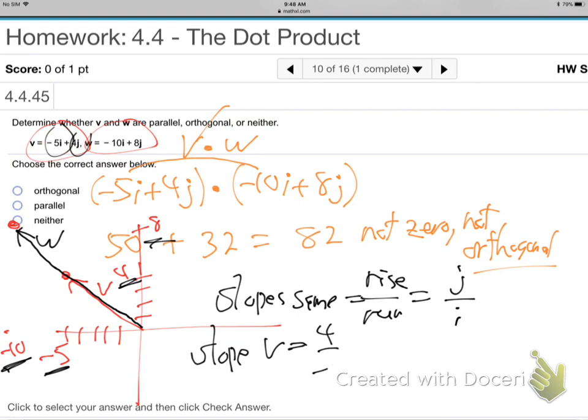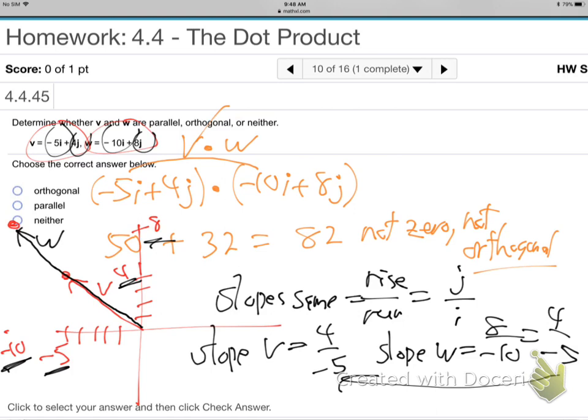What's the slope of w? 8 over negative 10, which reduces to be the same thing. See how that's the same? Same slope. Rise over run, j over i. Their slopes are identical. So yeah, they're parallel.